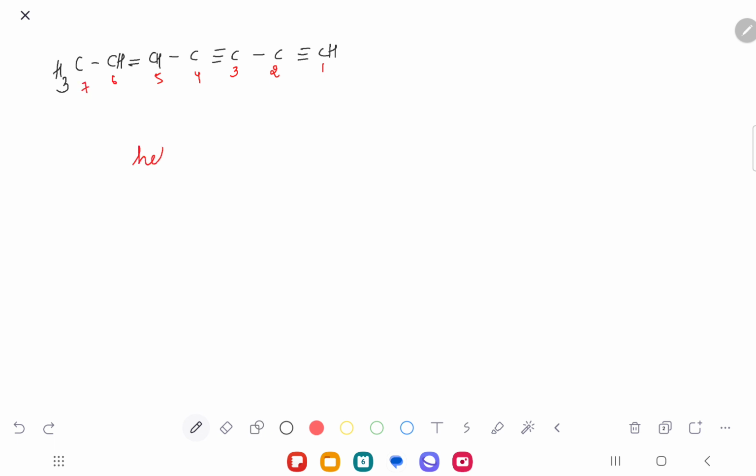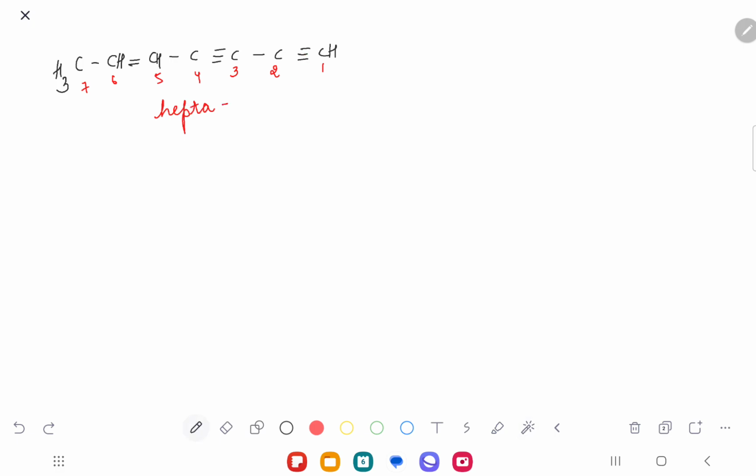So the word root shall be hept. And we are able to see a hepta. Why hepta? Because the triple bond is there, and it is actually seen two times. So I hope you're understanding that it shall be hepta.